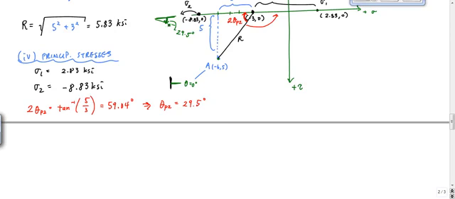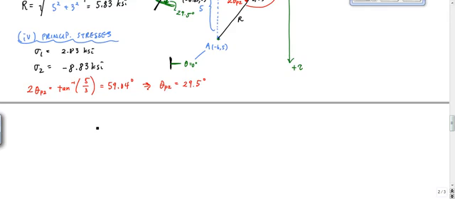Using this new line right here, I'm going to draw a line perpendicular to it, and that's going to be the face of my representative volume element. Here is this new line, and here was my old horizontal. This is that theta P2 equal to 29.5 degrees.